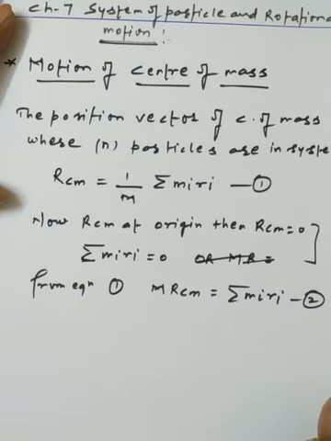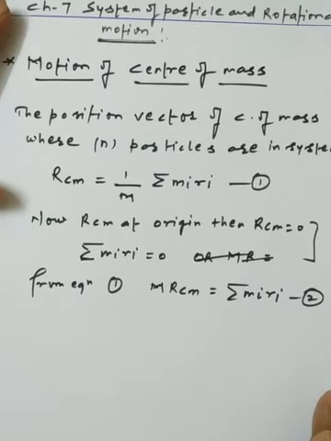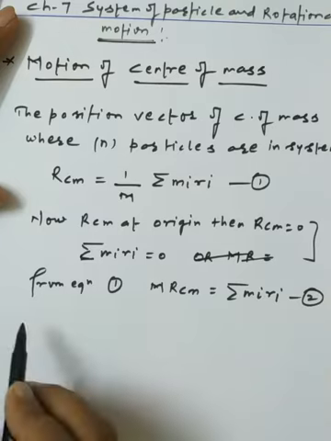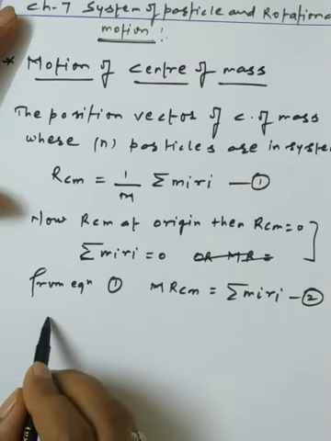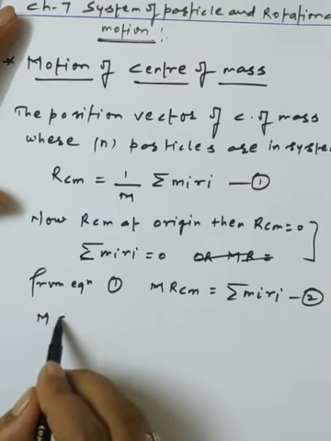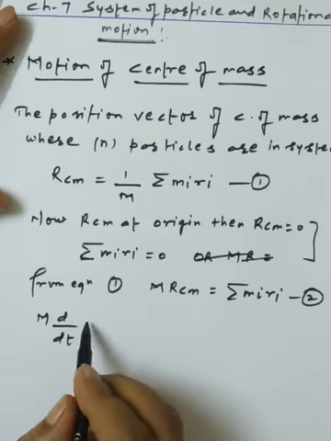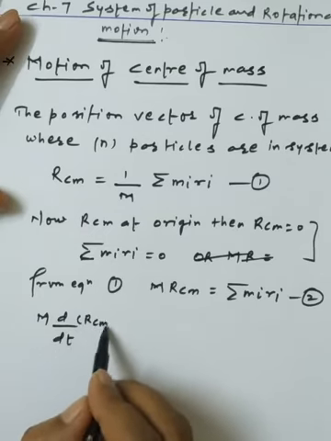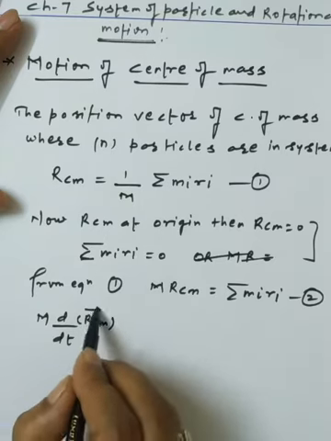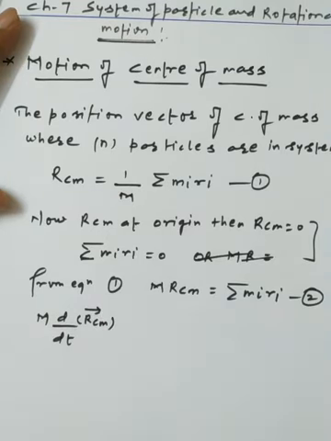Now we are making the expansion of this term. So I am writing M and multiplying by the operation d/dt on both sides. R_CM is a position vector, so I am writing the vector sign over it.